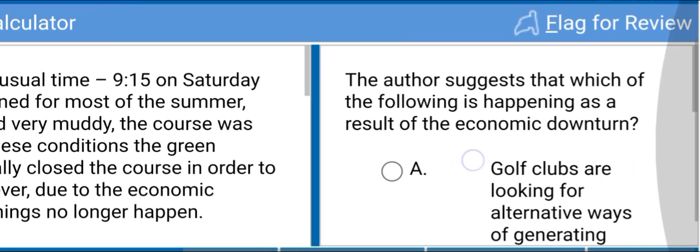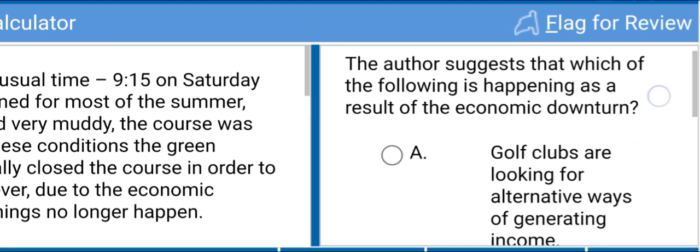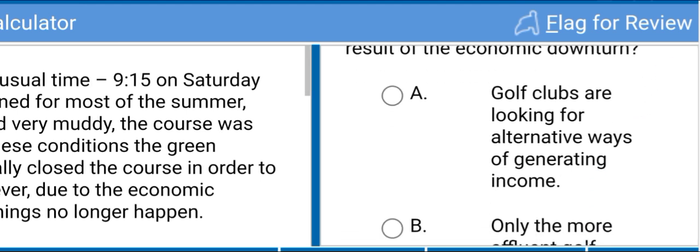The author suggests that which of the following is happening as a result of the economic downturn. Option A, golf clubs are looking for alternative ways of generating income.